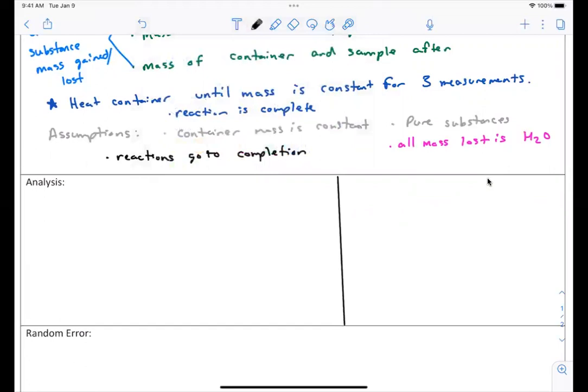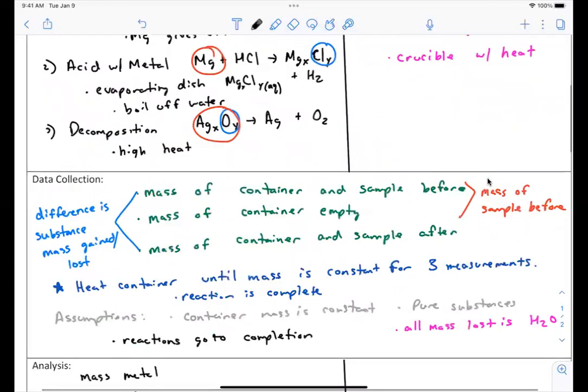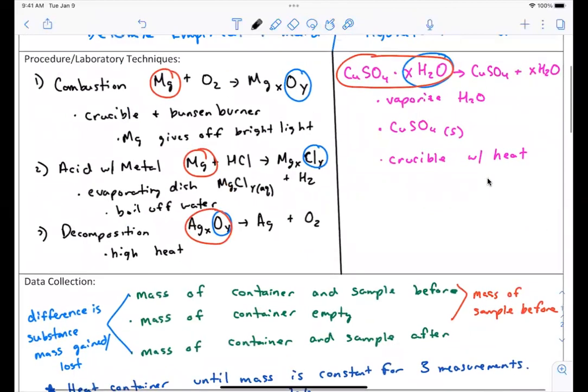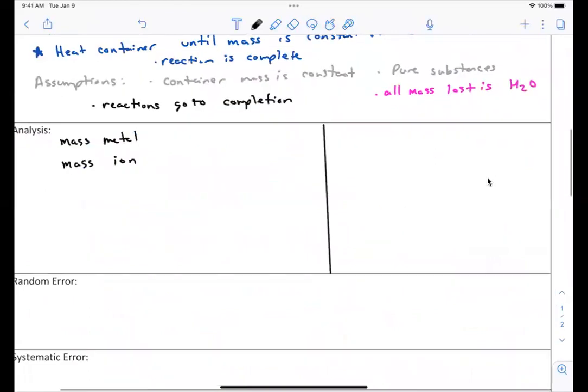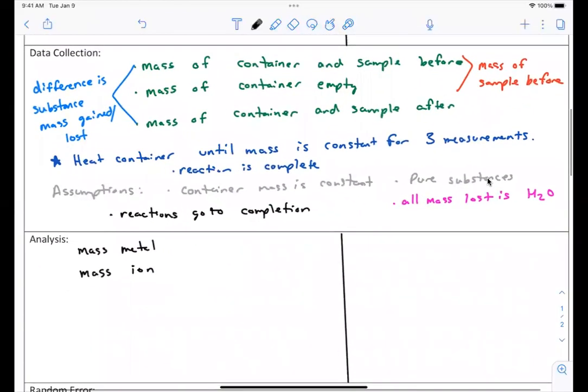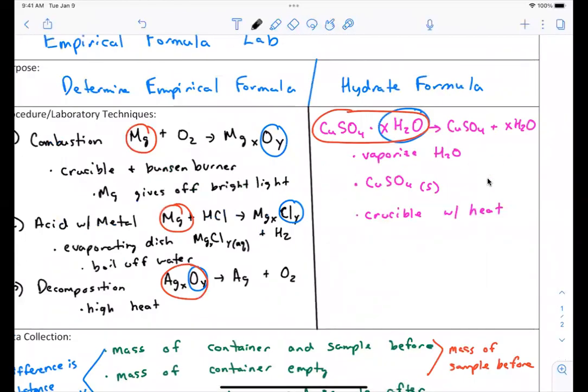Essentially, what we're trying to accomplish here is to get the mass of the metal and the mass of the other ion, because you know the mass of the metal through your calculations and you can know the mass of the ion. For example, for the first 2, we know the mass of magnesium already because we massed it before.